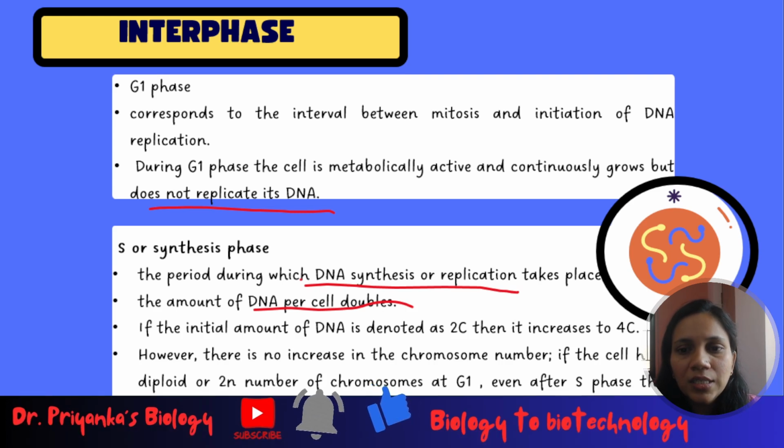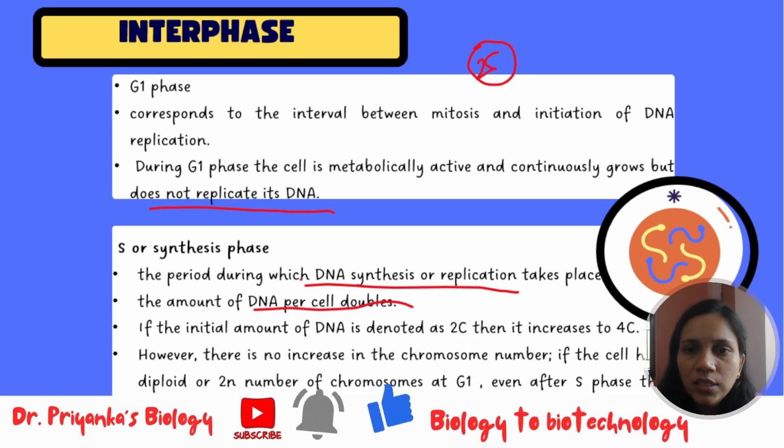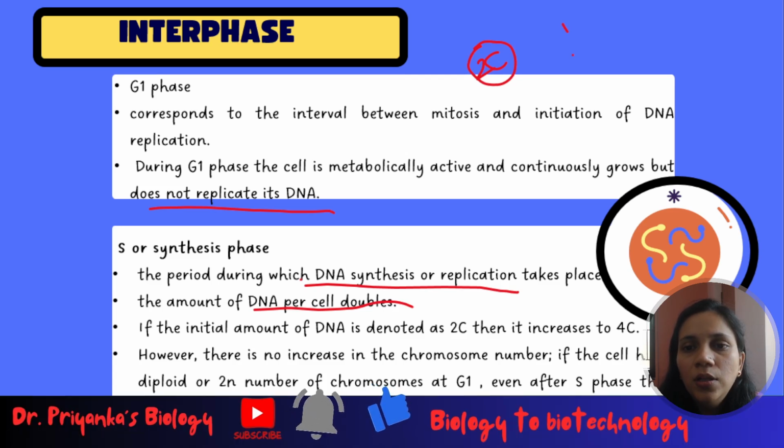Let us take an example. Suppose the initial content of your DNA was 1C. After the S phase, what will happen? The DNA content is going to double, so it will become 2C.